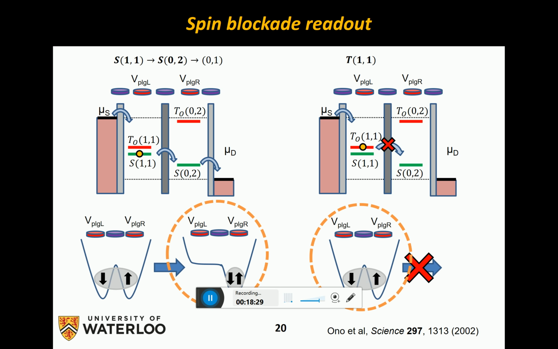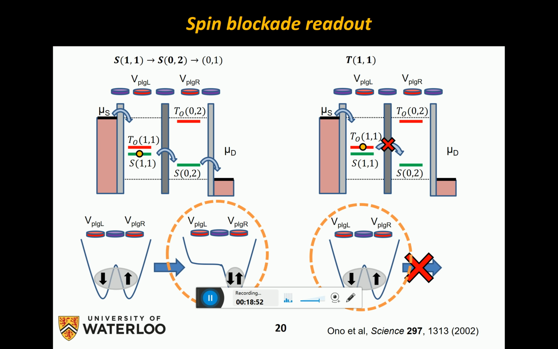So now, how do you measure the spin of your singlet triplet qubit? You bring a charge sensor. And essentially what you do is you go to the 0-2 configuration, and if you detect that you are indeed in the 0-2 charge distribution, then you're in the singlet state. Otherwise, if you are still in the 1-1, then you're in the triplet state.